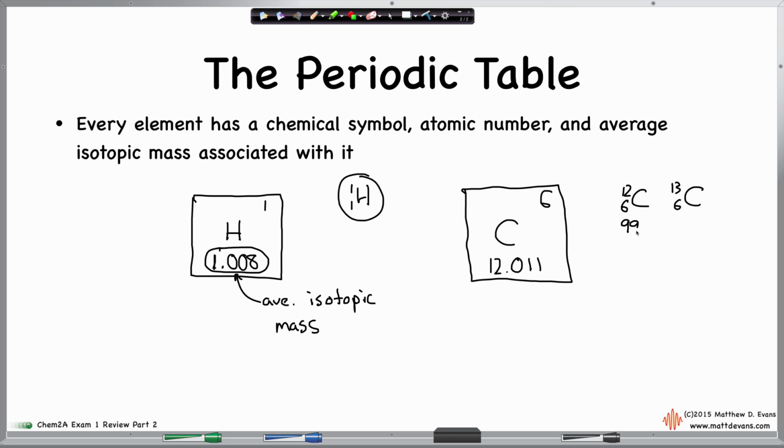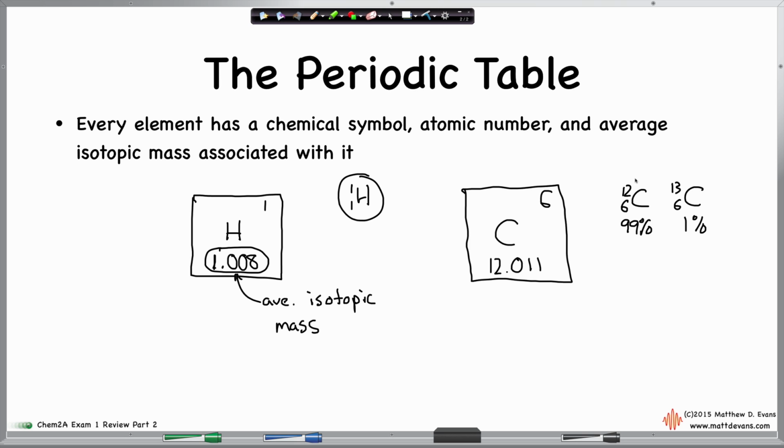This one's about 99% of a given sample. This one's only about 1%. And so when you do what's known as a weighted average of these 2 isotopes, you get something that's almost 12 because this is the dominant isotope, and the carbon-13 contributes very little to the overall average isotopic mass.